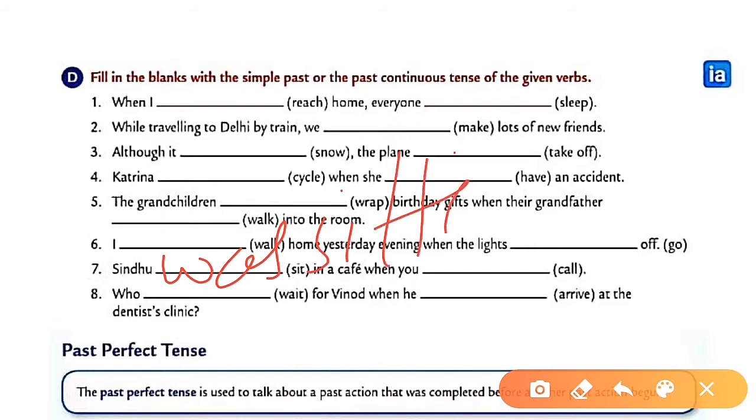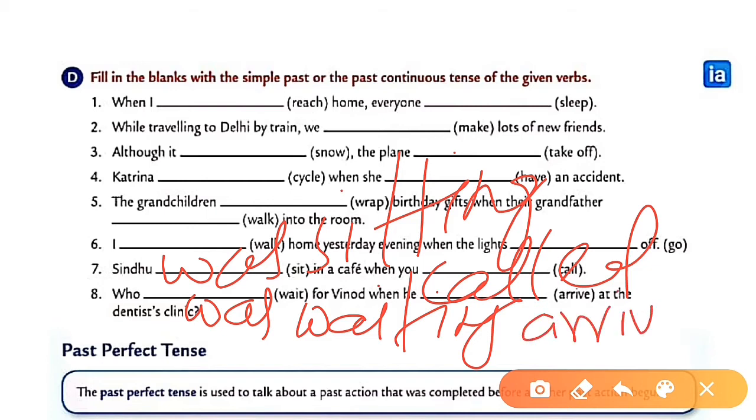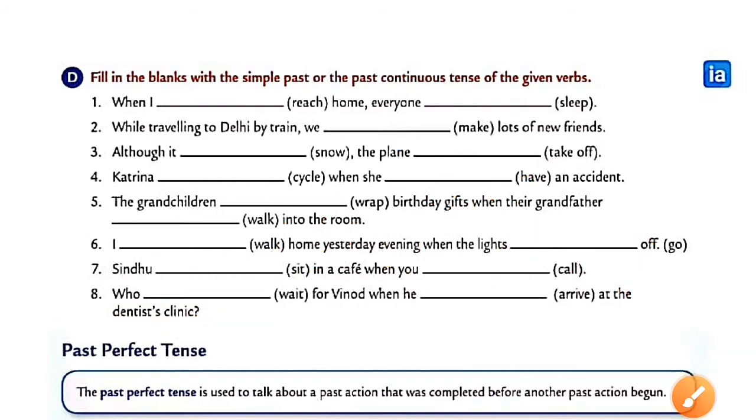Past continuous tense. Number 8. Who was waiting for Vinod when he arrived at the dentist clinic? Who was waiting. Okay, move to next.